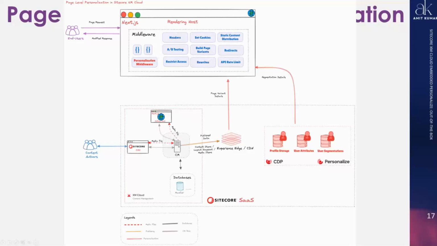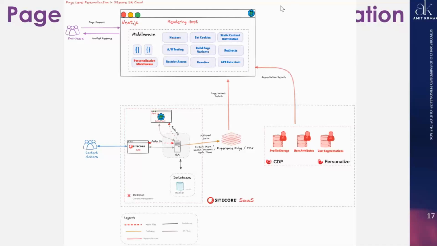All will be dumped as static. That is the only difference. It will access the segmentation details for the users the same way, and when the condition is matched, it will show that specific variant.